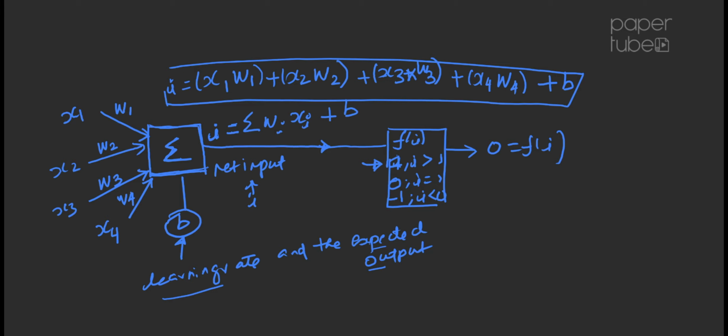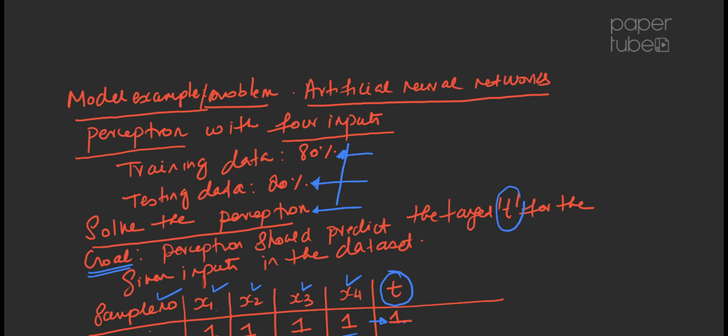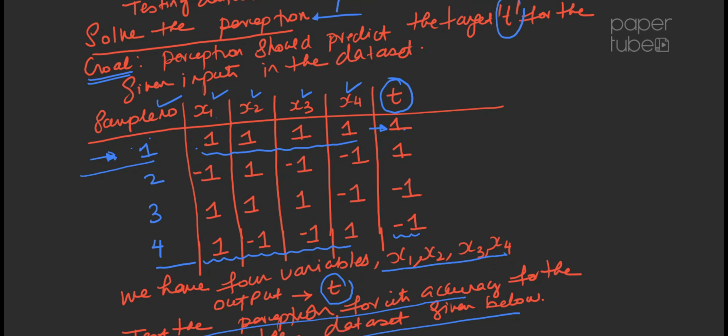So what we mean by solving the perceptron is you have to find the right values for w1, w2, w3, w4 and the bias, so that when it reads your input, it gives an output that matches your target value. So if we go back to the problem, you have to calculate the weights and bias so that when you feed these values as input 1, 1, 1, 1, it should fire an output of 1.